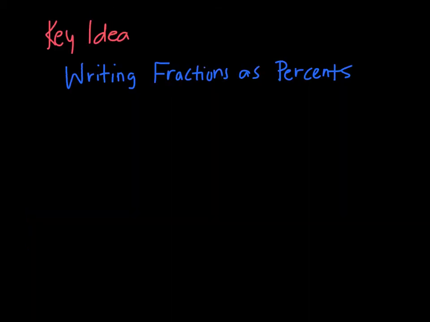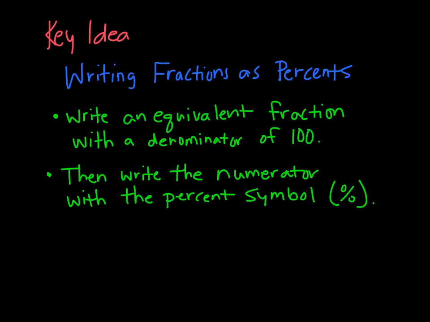The next part of this section is writing fractions as percents. What you do here is you write an equivalent fraction with a denominator of 100. So if I multiply both of these by 25, it kind of goes in a circle here. If I multiply this by 25, I'm going to get a denominator of 100.